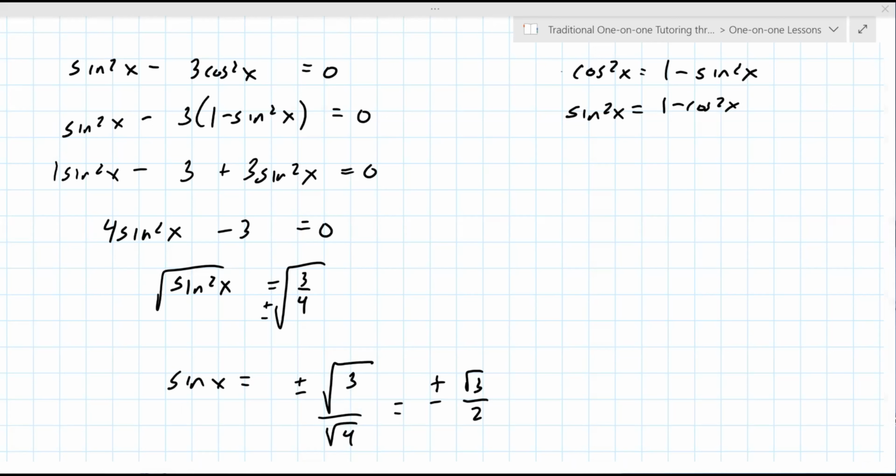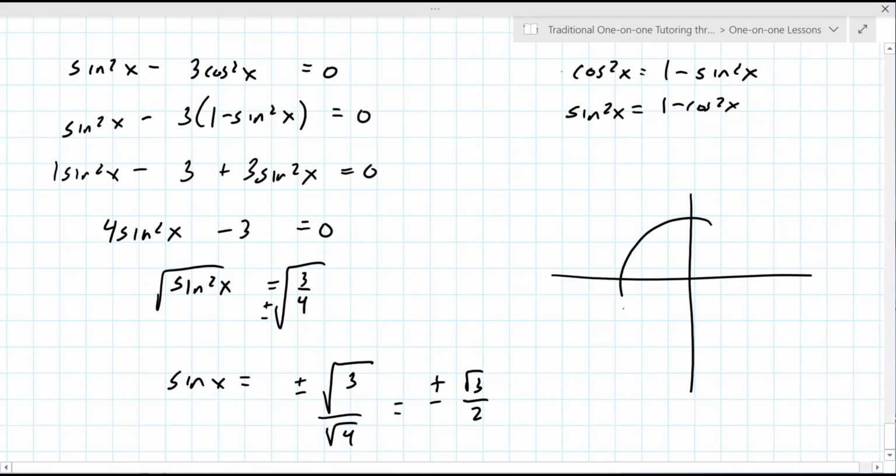Now we're not done, but this part's kind of the easy part. You just go to your unit circle and figure out where these are. There's going to be 2 answers per, one positive, one negative. If you don't have a unit circle handy, we're looking for where sine x is positive square root of 3 over 2.